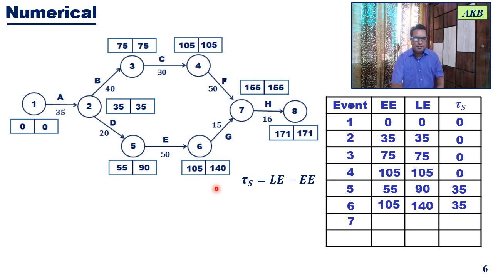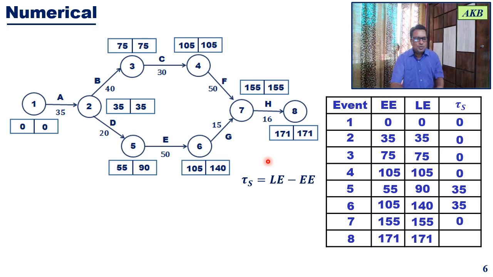Then for event 7, the earliest event time is 155, latest event time is also 155, and therefore for event 7, the slack will be 0. And finally, for event 8, the earliest event time is 171. The latest event time is 171. Therefore, slack for event 8 is again 0.